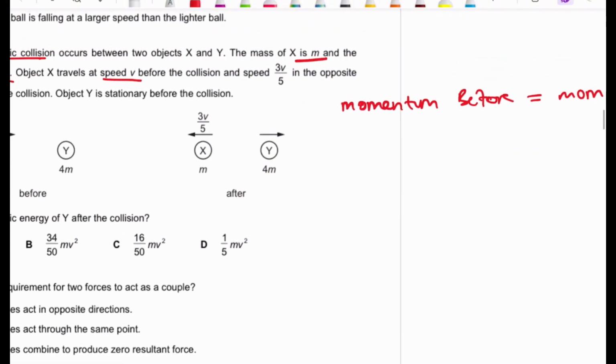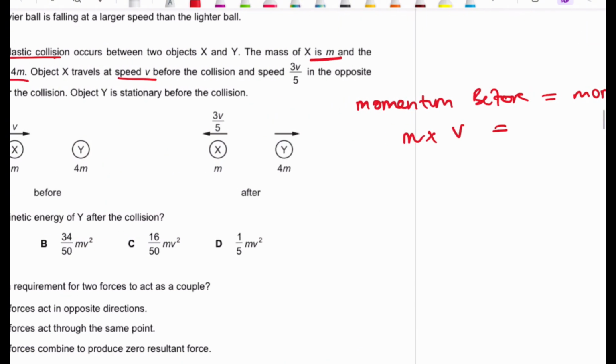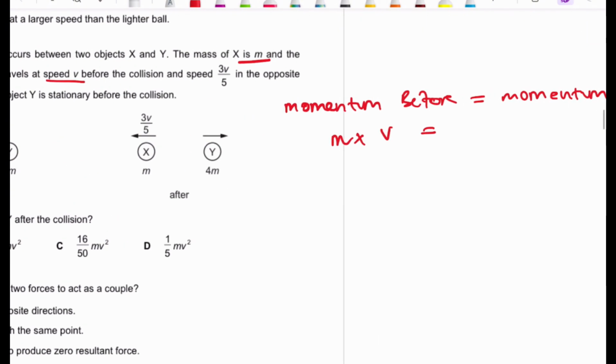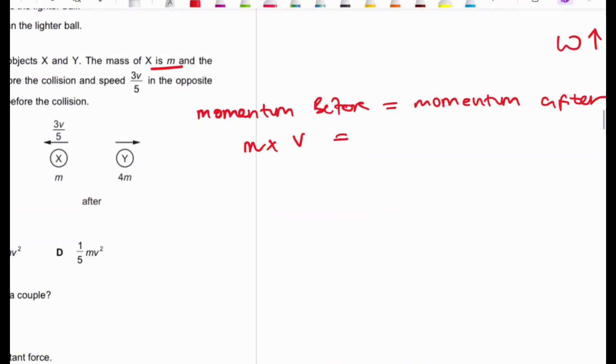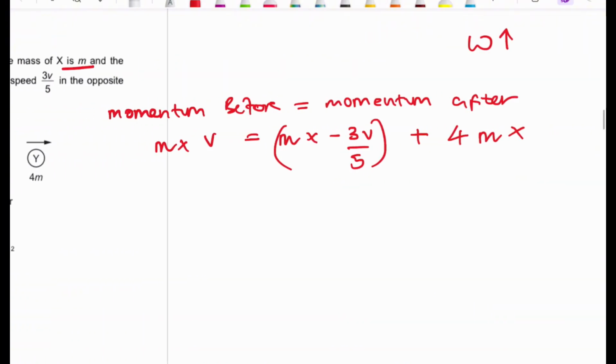So the momentum before is your mass multiplied by your velocity v. Since y is stationary, it's not going to have any momentum, and x is going to move in the opposite direction. So it's your mass multiplied by negative 3v over 5, plus 4m multiplied by vy.